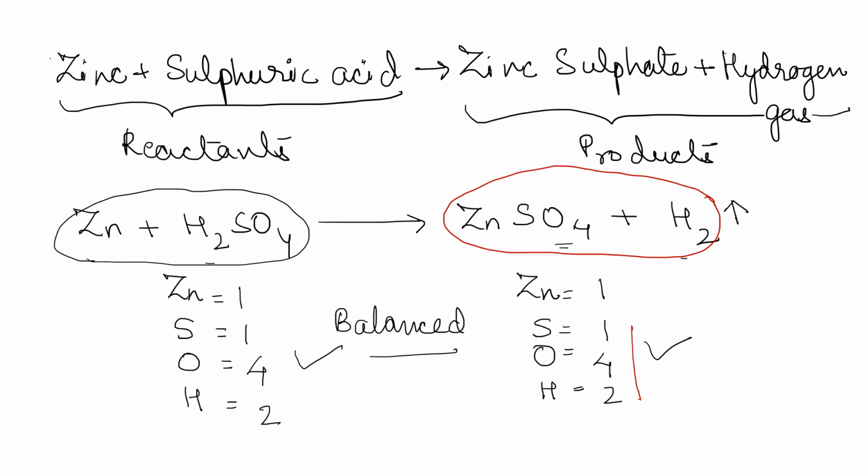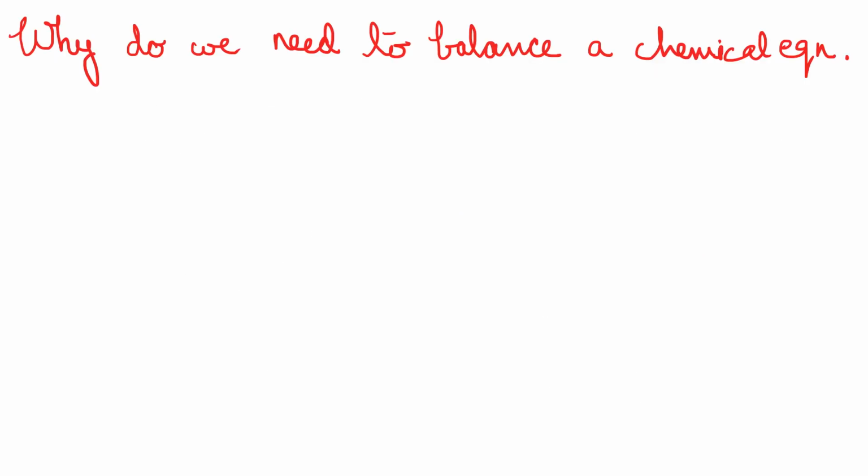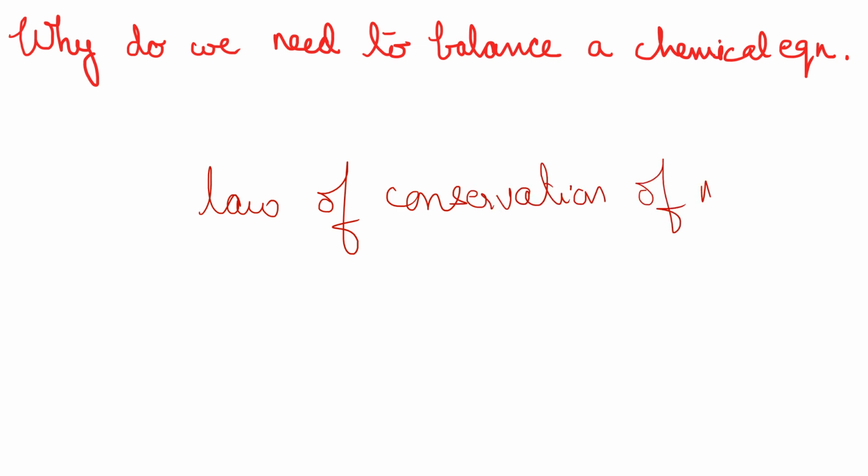If it is not, we need to balance it because we must follow the law of conservation of mass. So now we move to the next question. Why do we need to balance a chemical equation? You have to write this in your notebook. The answer I've already told you: we have to follow the law of conservation of mass.